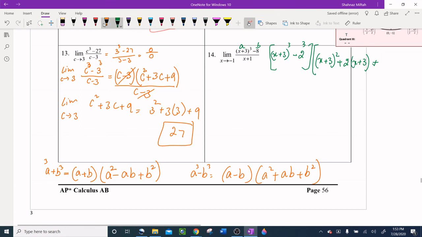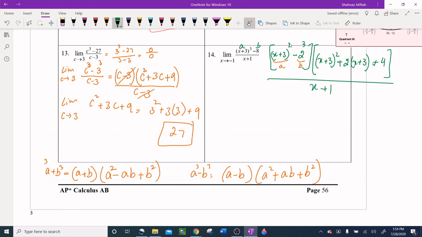Okay, let me do a different color here. This whole thing is a, this one is b, right? So plus 4, because b means 2 squared is 4. So this is what I got, and in the bottom I know it's x plus 1. Okay, so let's solve all of this.